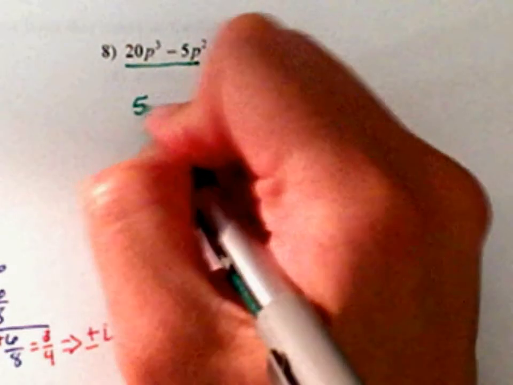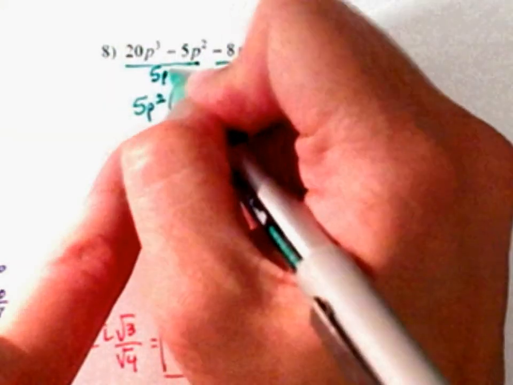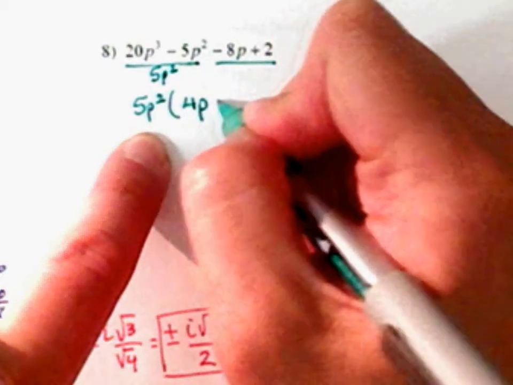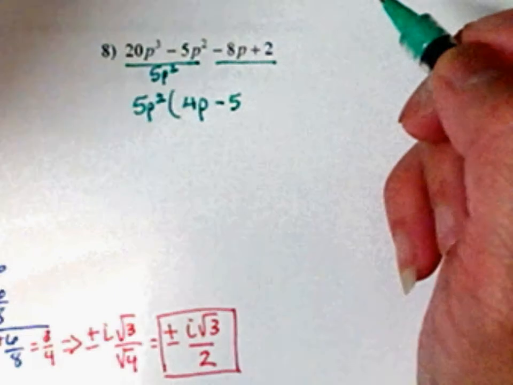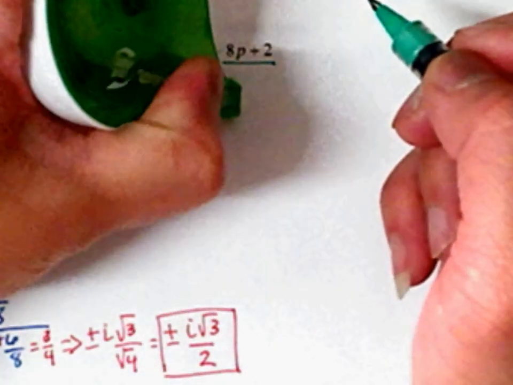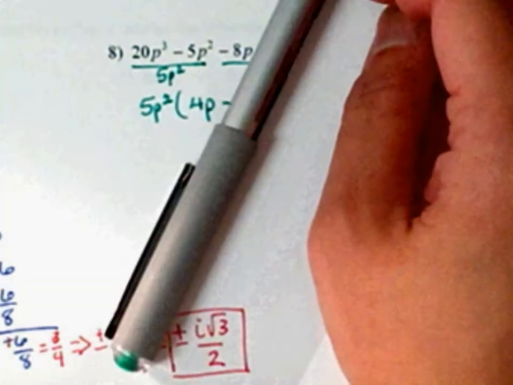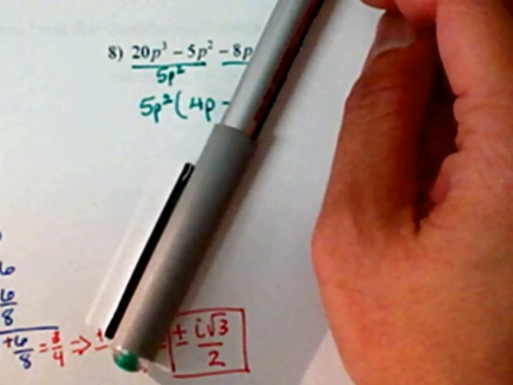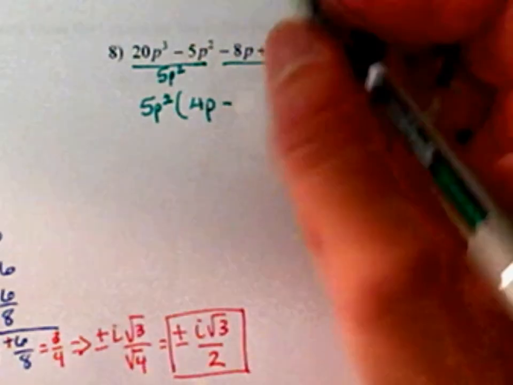5p squared. When you factor out 5p squared, you basically are dividing. So you have 4p minus 1. That'd be a 1.